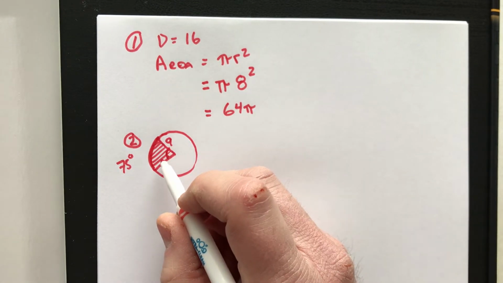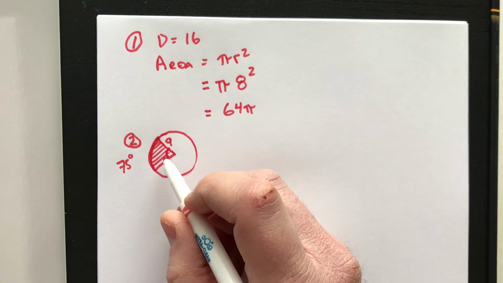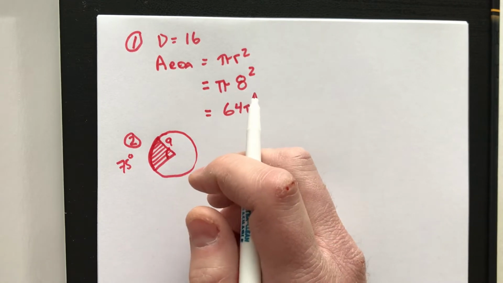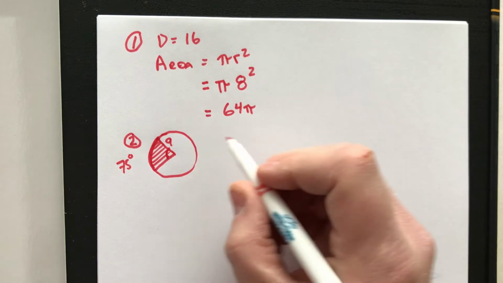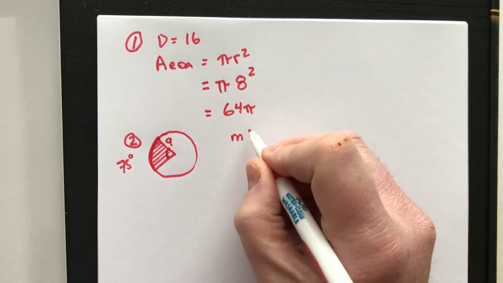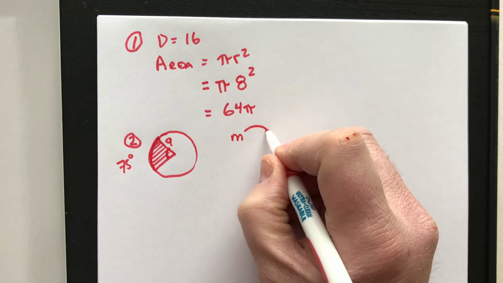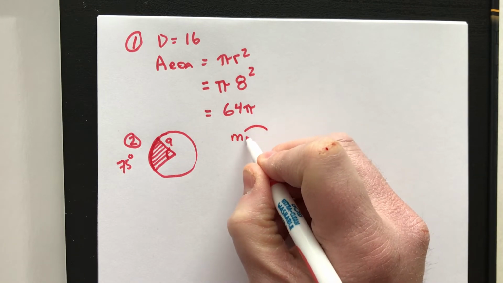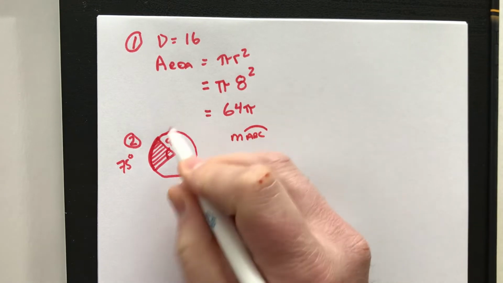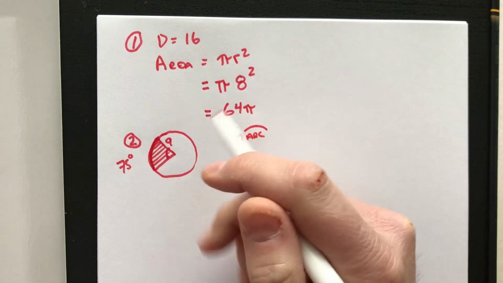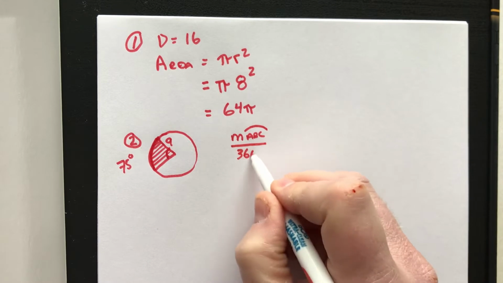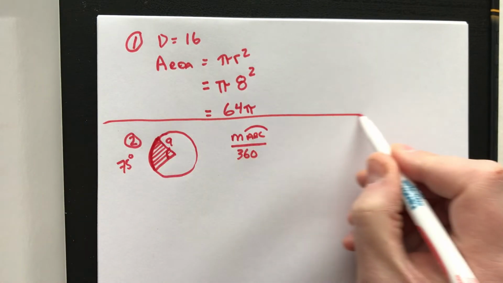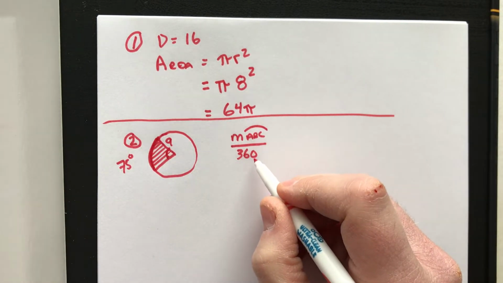So let's solve for the area of this sector. According to our area of a sector formula, we take the measure of the arc, whatever the arc is, which is right here, and divide it by 360 degrees.